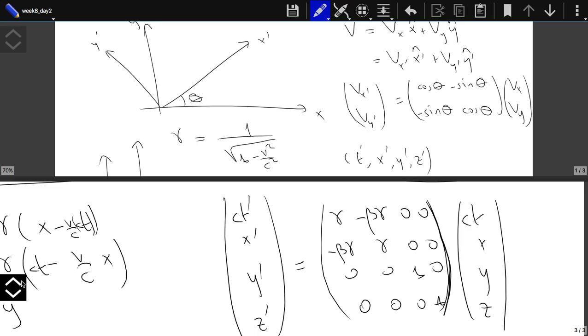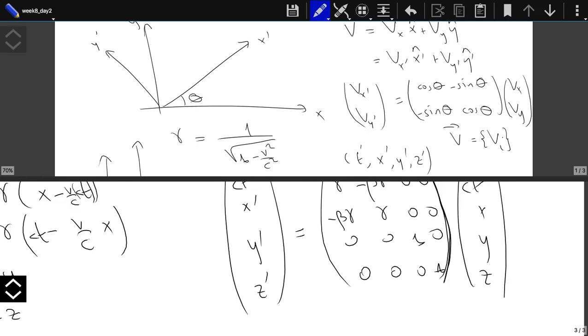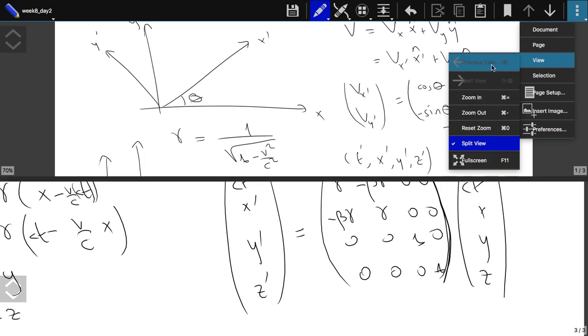And most of the time, just for notational convenience, we don't write these matrices all the time. We use what's called index notation. For the V vector, I can also denote it by its components V^i. I have a similar notation for these four vectors.